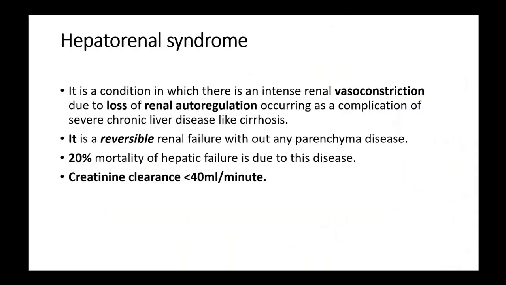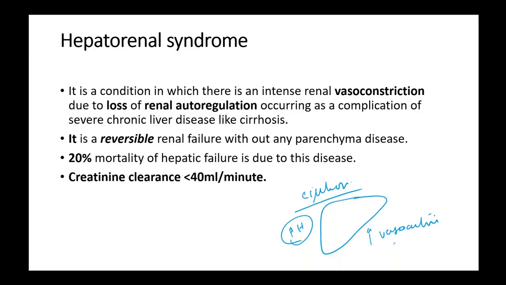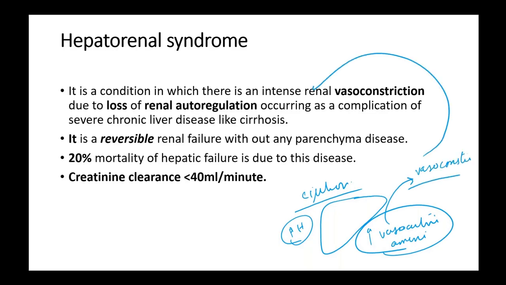Hepatorenal syndrome. In patients with cirrhosis, increased portal hypertension results in increased levels of vasoactive amines in the abdomen, and they increase vasoconstriction in the kidney, which is one of the complications of liver cirrhosis.